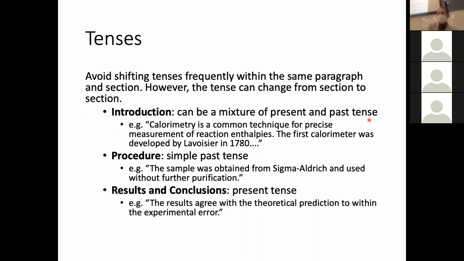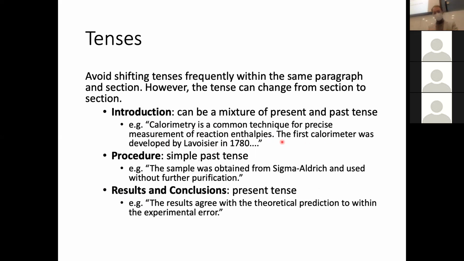So if you give background information about previous work or historical information about a certain field that you're describing, then you might want to use past tense. But if you're presenting facts that are generally true about the topic that you're presenting, then you can use present tense. So for example, calorimetry is a common technique for precise measurement of reaction enthalpies, right? This sentence is in present tense because it's general information about calorimetry.